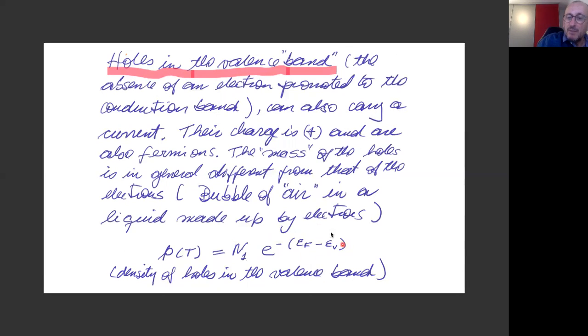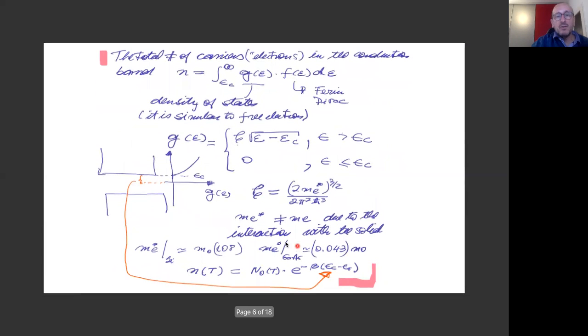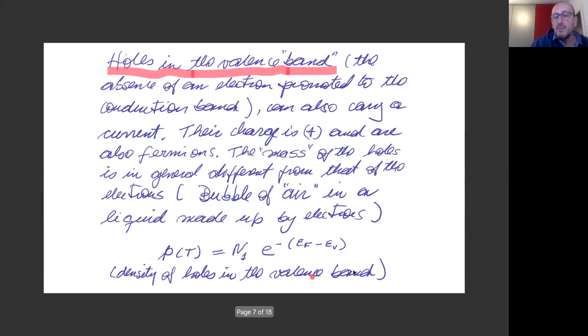And for this to be a positive number, it means it costs energy to excite a hole down the band. As it was obvious that it costs energy to pull an electron up, pulling a hole down also costs energy. So this is why the exponent changes sign.